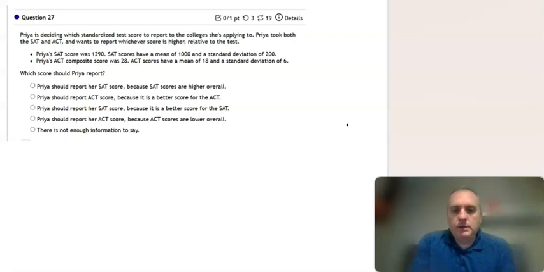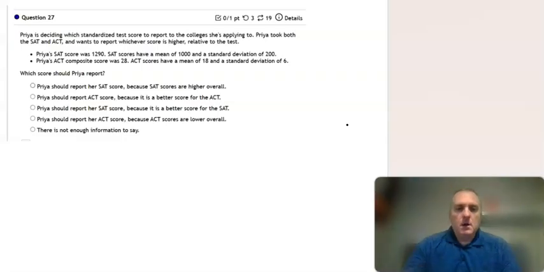So we're going to calculate z-scores for her two test scores here. A z-score is a score that tells us how many standard deviations above or below the mean a person's score is. So this is a great way to compare two different data values that are not on the same scale.